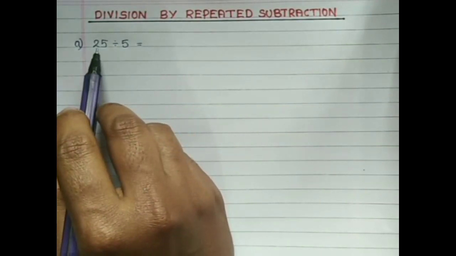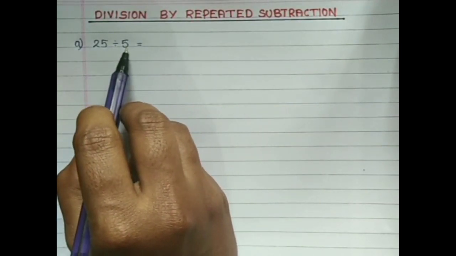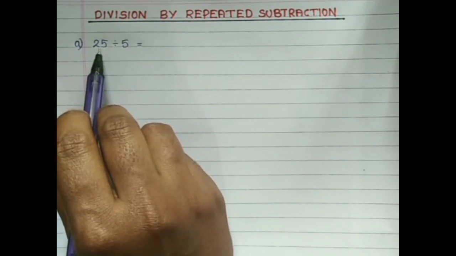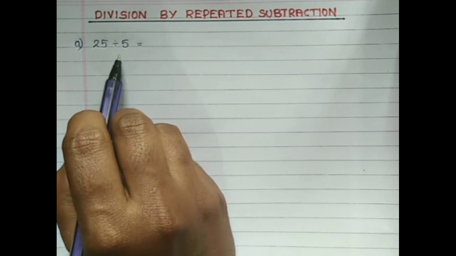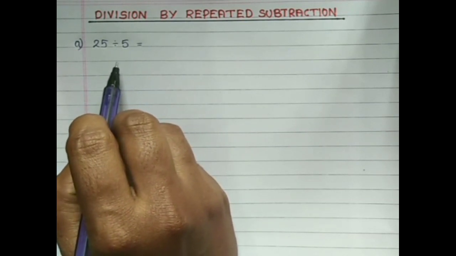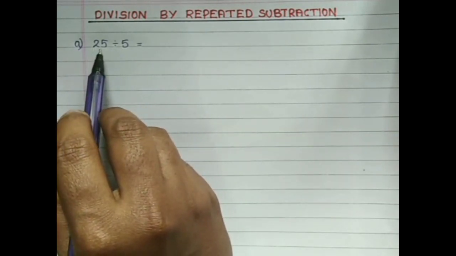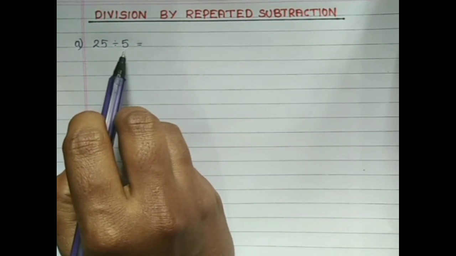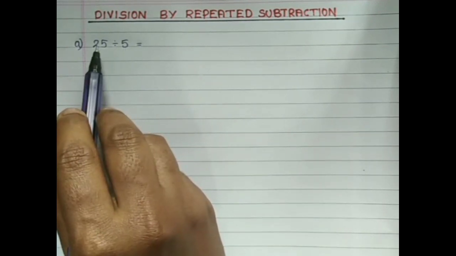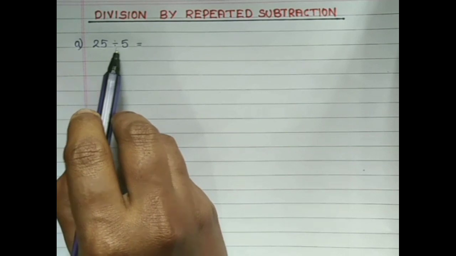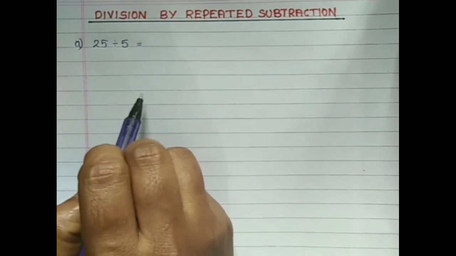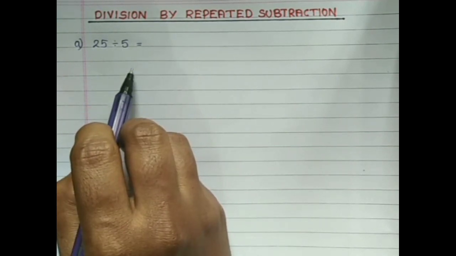To divide a number by repeated subtraction means we have to subtract that number repeatedly from the given number till the remainder becomes 0. That means here 25 divided by 5 means we have to subtract 5 from 25 repeatedly till the remainder becomes 0.